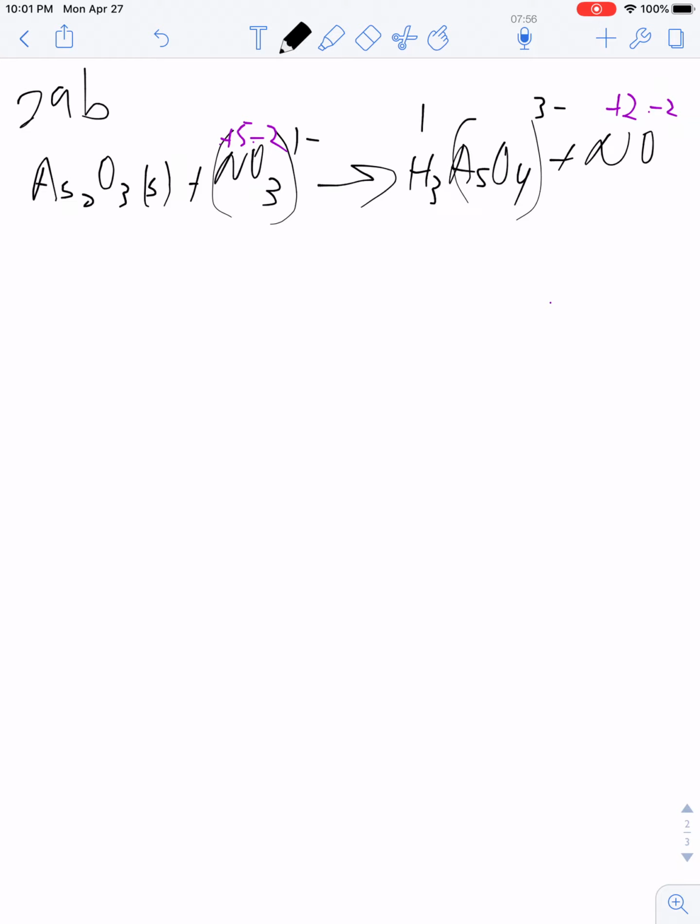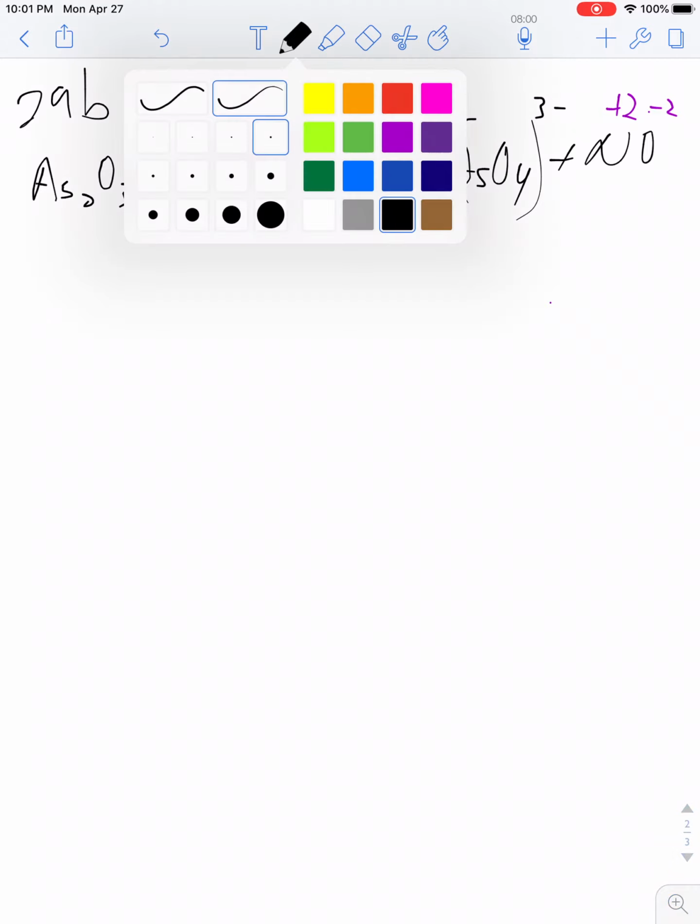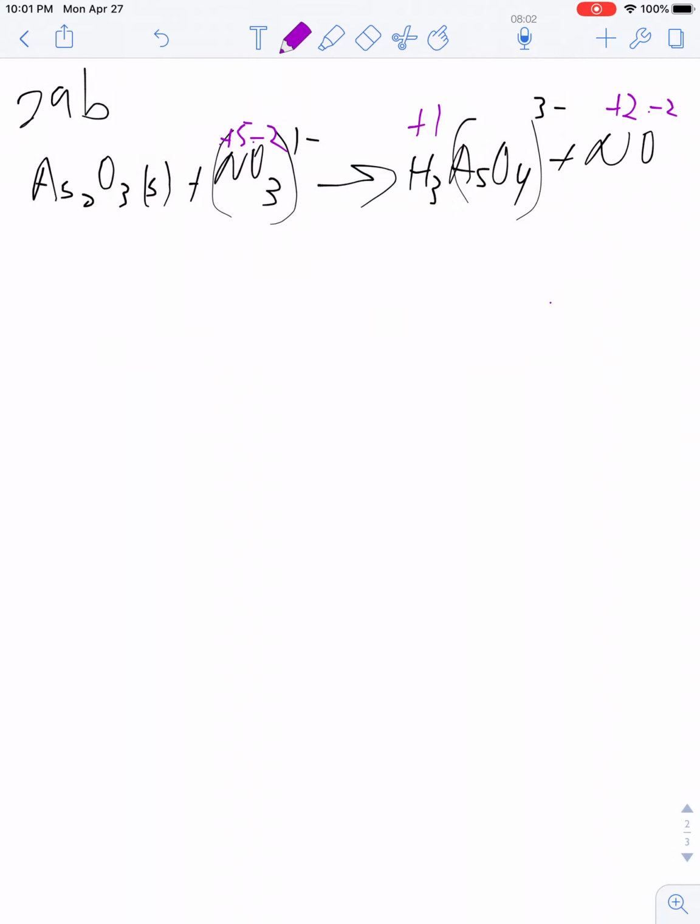Hydrogen's got a +1, so its oxidation is +1. This one's -2, so this has to be a +5, because 2 times 4 is -8, plus 5 gives me my -3. This is -2, this is +3. So my nitrogen is being reduced.